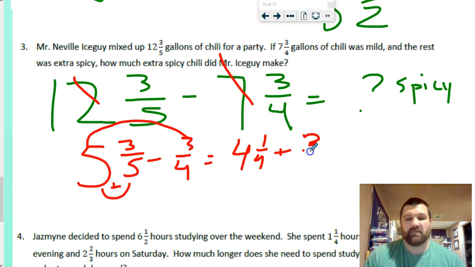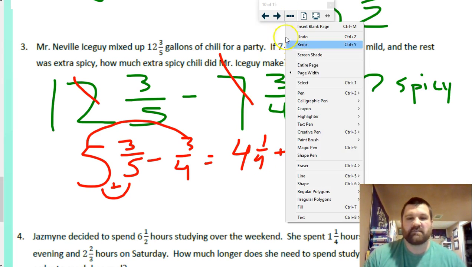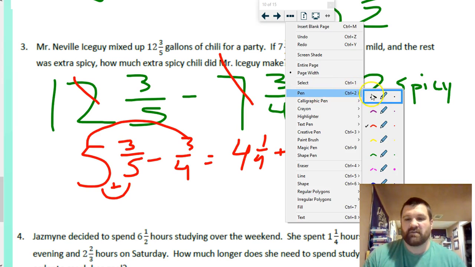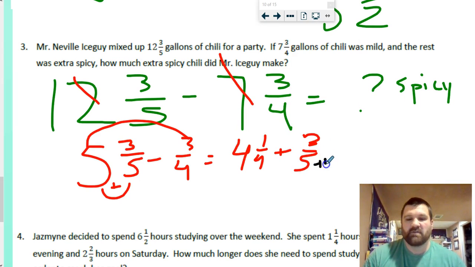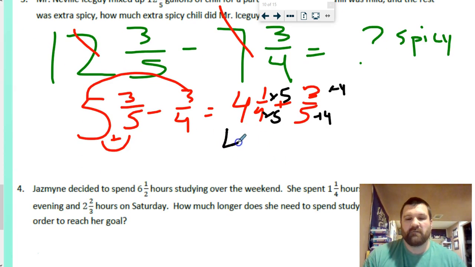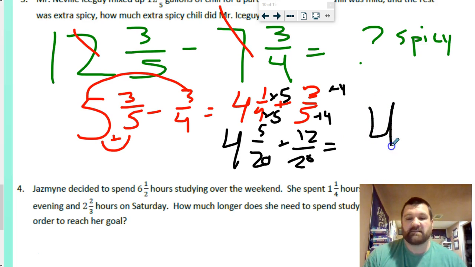We're going to add 3/5 to it. And I love when they do fourths and fifths. These are all the same, kiddos. What you do on the bottom, you do on the top, and we know that 4 times 5 gets us to 20. Okay, so you end up with 4 5/20, add 12/20. So we know that the spicy was 4 17/20.